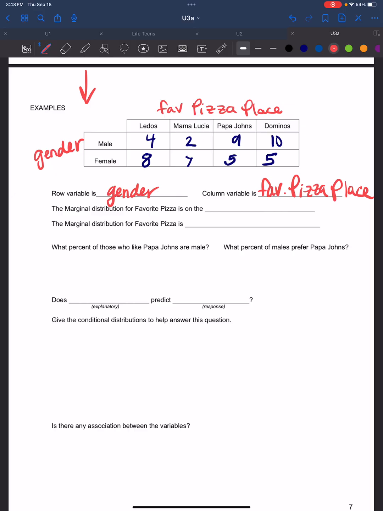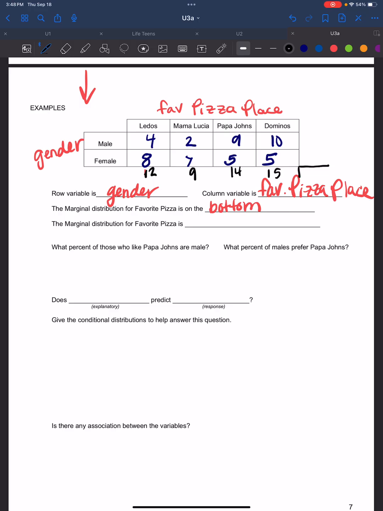Yay. It says, what is the marginal distribution for favorite pizza place? The marginal distribution for favorite pizza place is on the bottom. And since we're here, we're just going to find the marginal distributions for everything. So really quickly, 4 plus 8 is 12. 7 plus 2 is 9. 9 plus 5 is 14, and 15.